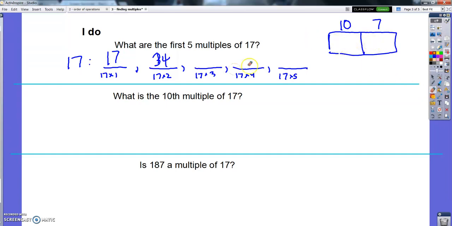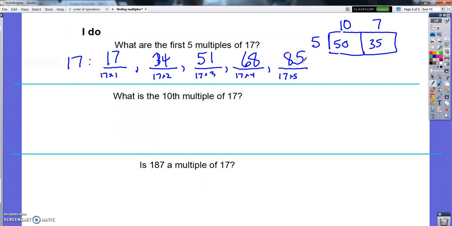Erase. 17 times 3 is the next multiple. 3 times 10 is 30. 3 times 7 is 21, and that is 30, 50, 51. 51 is the third multiple of 17. The fourth one is 40 and 28. That is 68. And the fifth one is 17 times 5: 50, 35, 85.